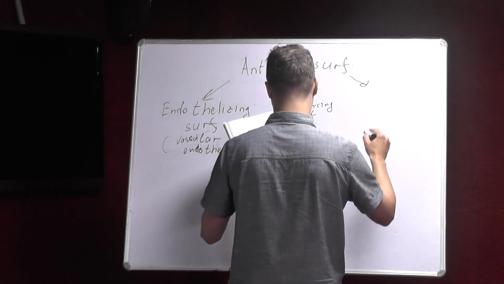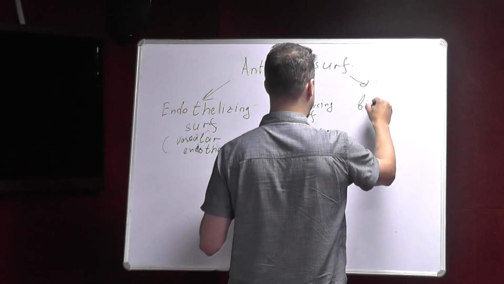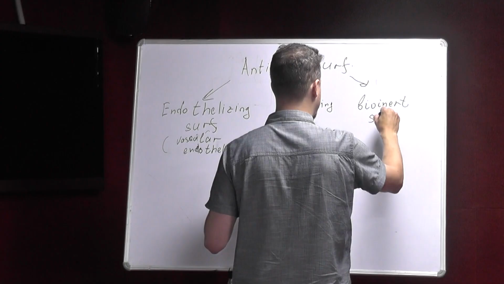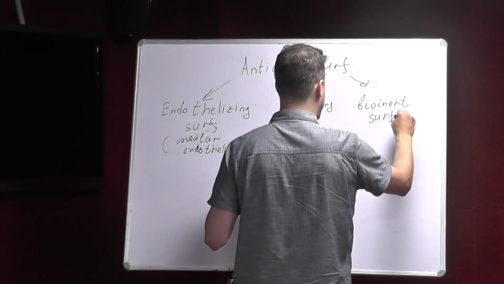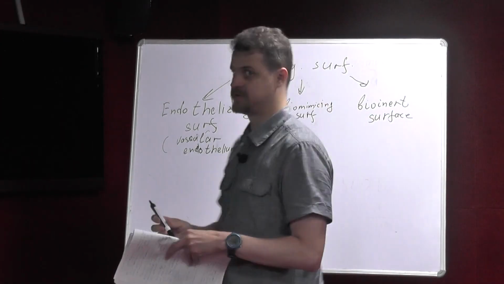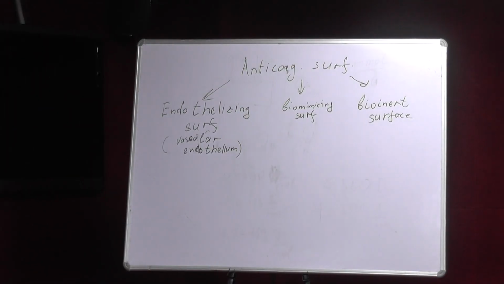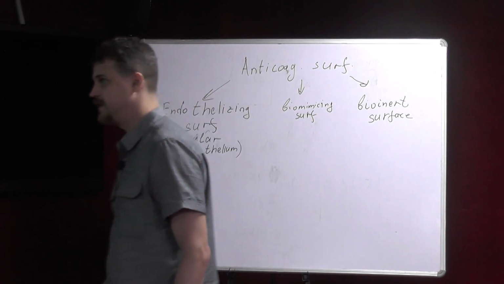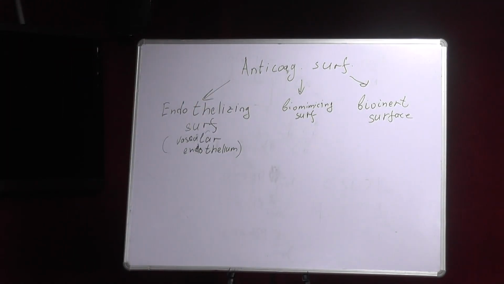And it's a bioinert surface. Basically, it's a type of surface that does not interact with the components of blood in any way, which allows preventing clot formation at the early stage, right at the beginning of the blood formation.